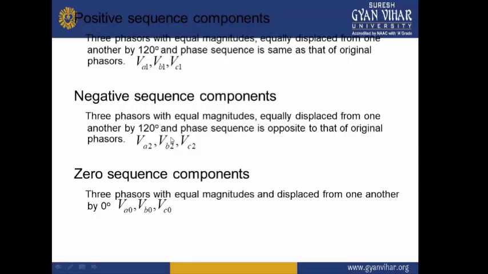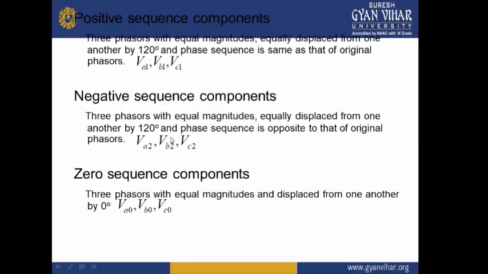The next sequence component is the negative sequence component. The negative sequence components are three phasors with equal magnitudes, also equally displaced from one another by 120 degrees, and the phase sequence is opposite to that of the original phasors.